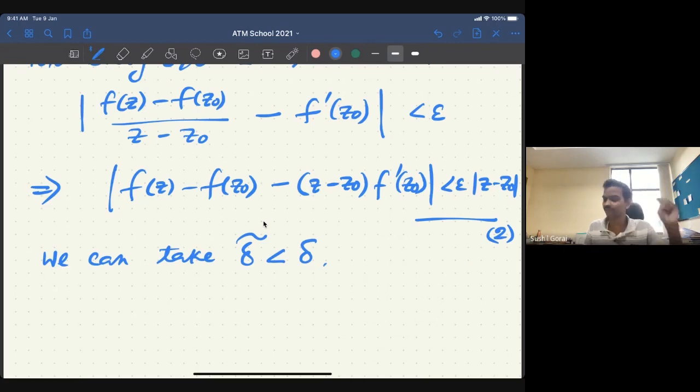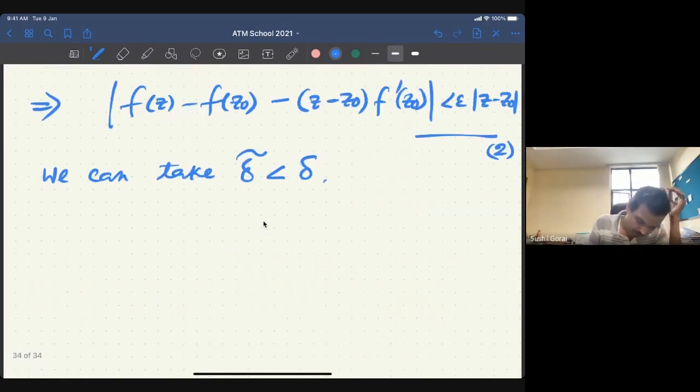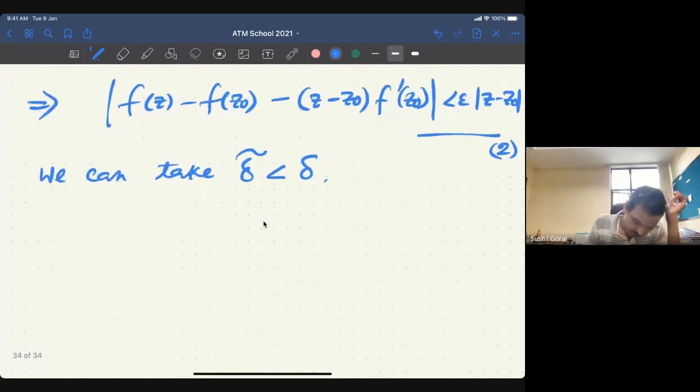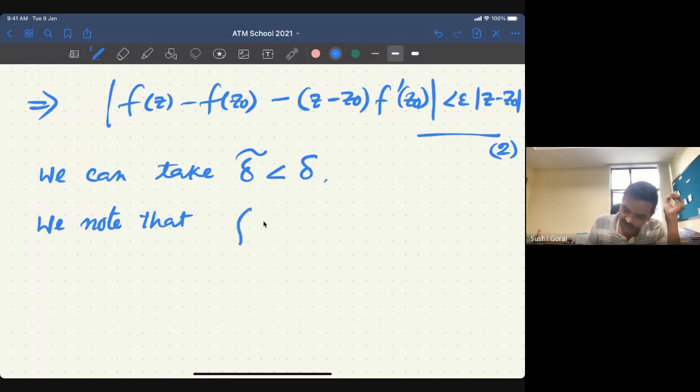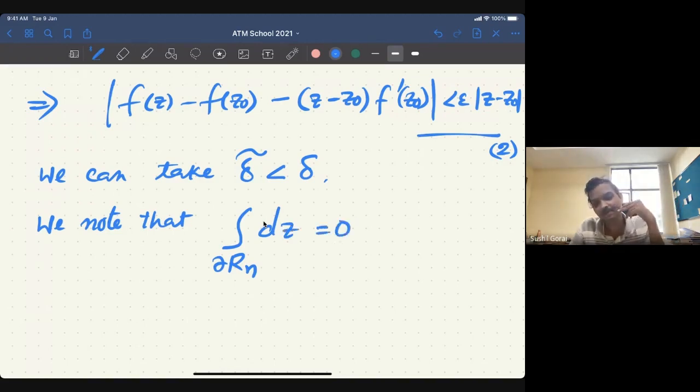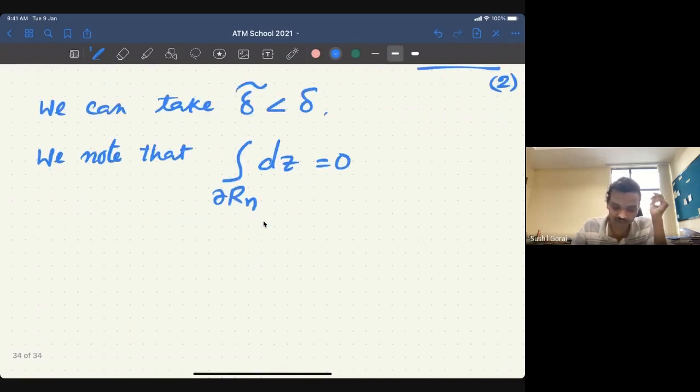All right. Now note a few things. We note that the integration on del Rn of 1 dz is 0, right? Because 1 has a primitive, which we did last time, which you have shown.